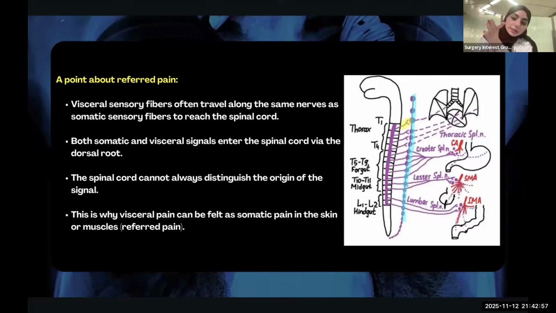Let's say I'm going back retrograde all the way to the spinal cord after I felt the pain in my heart. Along the way, I have nerves hitchhiking, having the same pathway going also to the dorsal horn. The brain gets confused between what part is having pain, so it will feel pain in both.